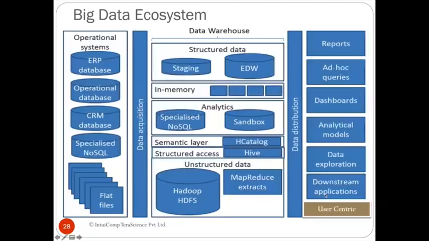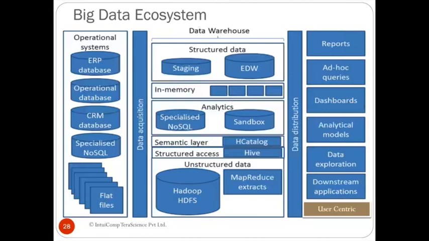So, a very important section comes: the big data ecosystem. It consists of the operation level, where ERP database, operation database, CRM database, specialized NoSQL, and flat files are there. Then data acquisition takes place. It goes to the data warehouse level, where structured data staging is done, in-memory analytics, specialized NoSQL, sandbox.